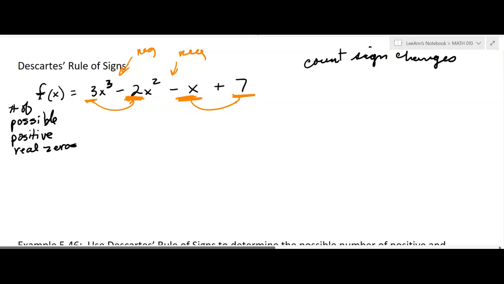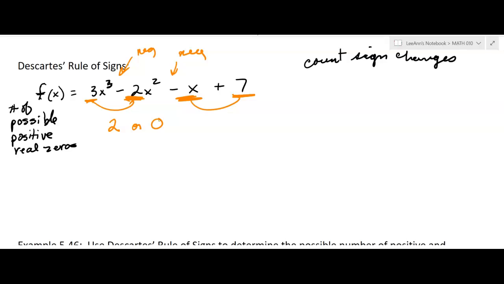So the number of possible positive real zeros is 2, or it could be 2 less than that. Could be 0. But it couldn't be 1 or it couldn't be 3. So in your quest to find the zeros and you find one positive one, you know there has to be another positive one. Okay? So that's how that works.